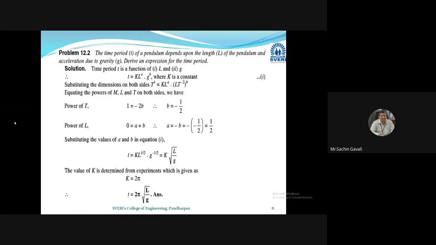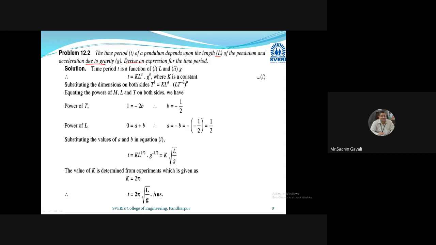Okay, the example is: time period T of a pendulum depends on the length L and acceleration due to gravity G. Derive an expression for the time period.